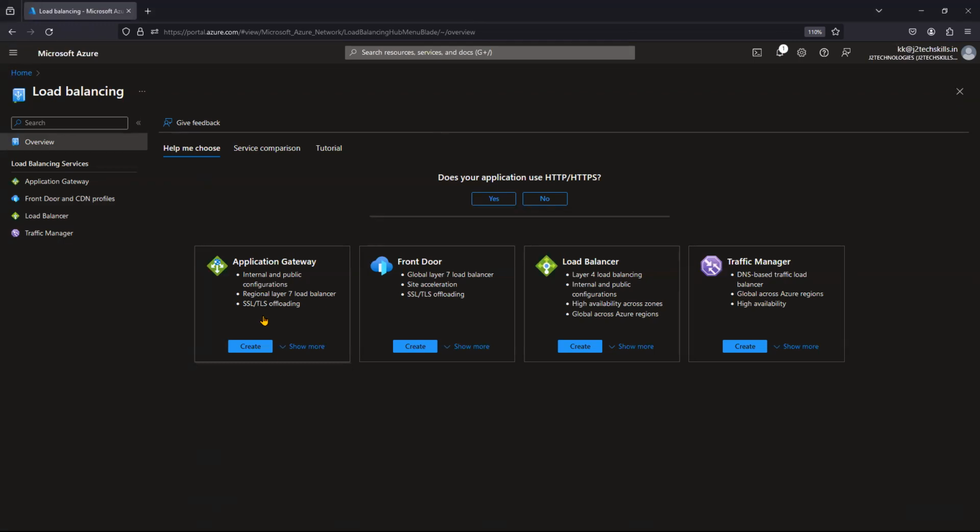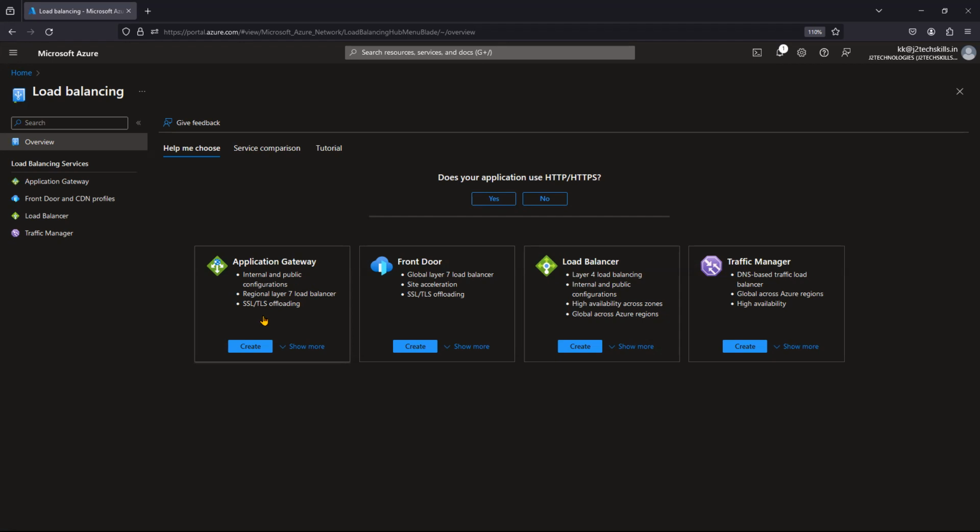That way AKS is supported as a backend pool. SSL and TLS offloading is one of the features, and using it we can minimize performance issues on the backend pool servers or app services. Generally, Application Gateway takes that SSL and TLS offloading load.